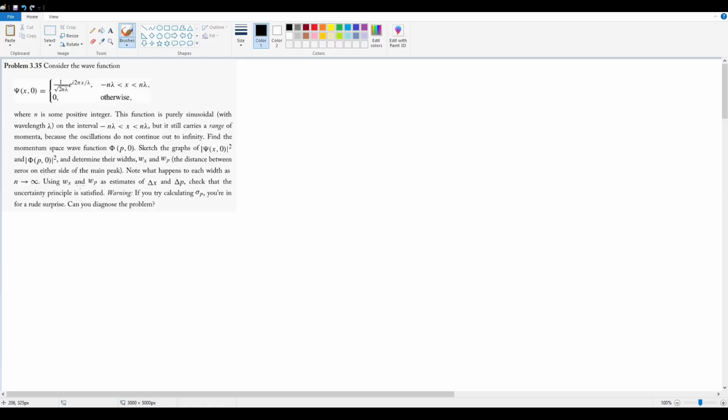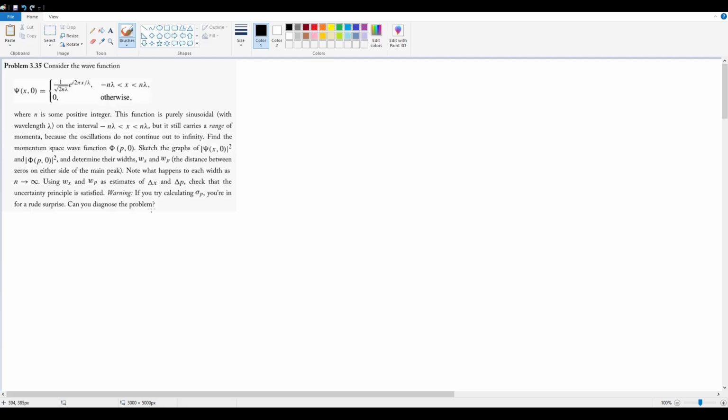Finally, using these estimated widths as proxies of delta x and delta p, check that the uncertainty principle is satisfied, and then also explain why you can't try using sigma p to find the uncertainty through an expectation value integral.